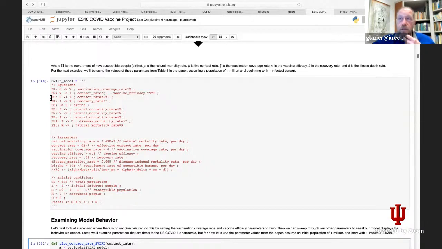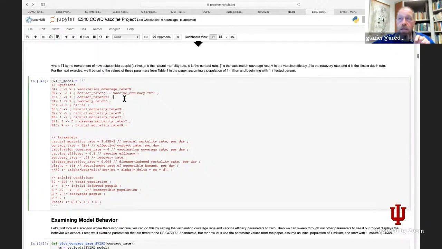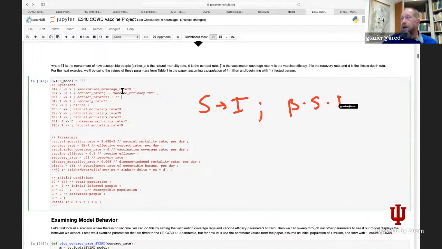So what I would recommend doing is writing exactly the same, it winds up being exactly the same numerically, but it looks different, which is, let me annotate if I can just for a second. Instead of writing S goes to I at a rate beta times S times I, I would write it this way.